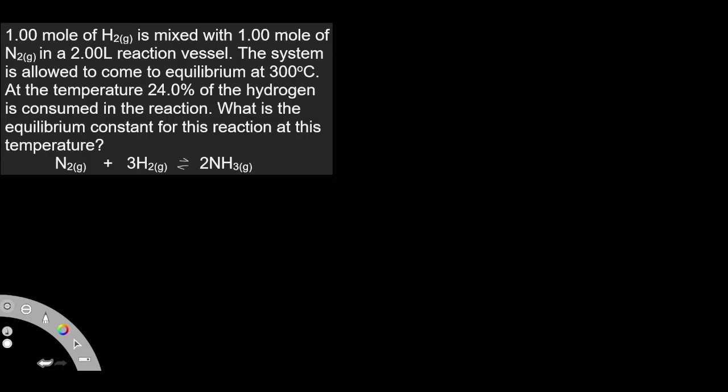We obviously have moles for our H2 and for our N2, and they are in a 2-liter reaction vessel. So we know our formula for concentration. We have the moles and the volume. So the concentration of our first reactant, H2, is going to be 1 mole over 2 liters, which is just 0.5 moles per liter.